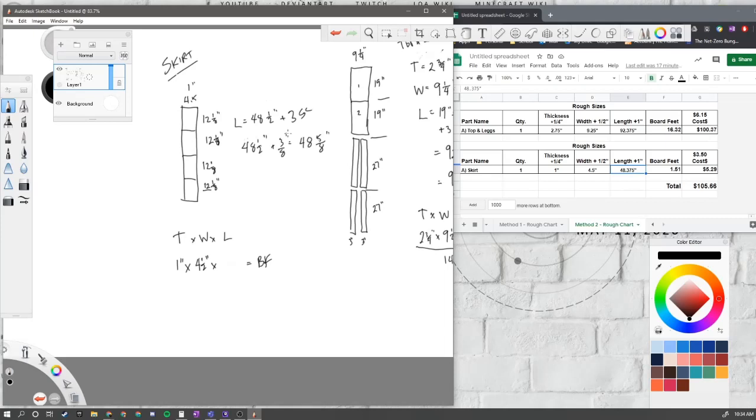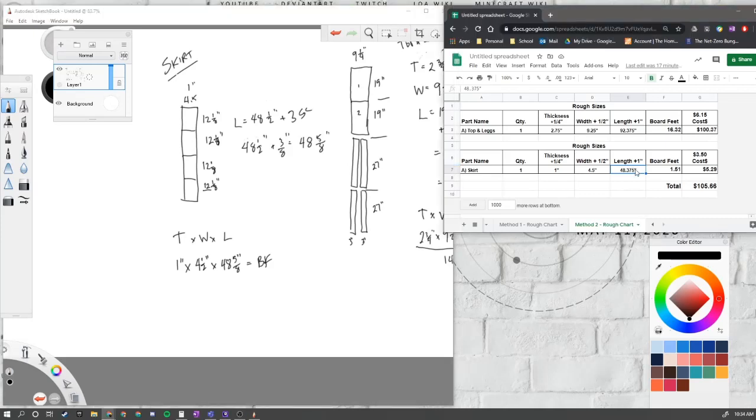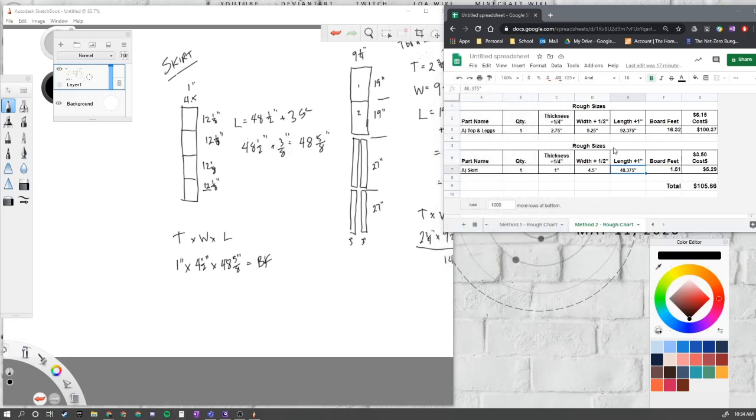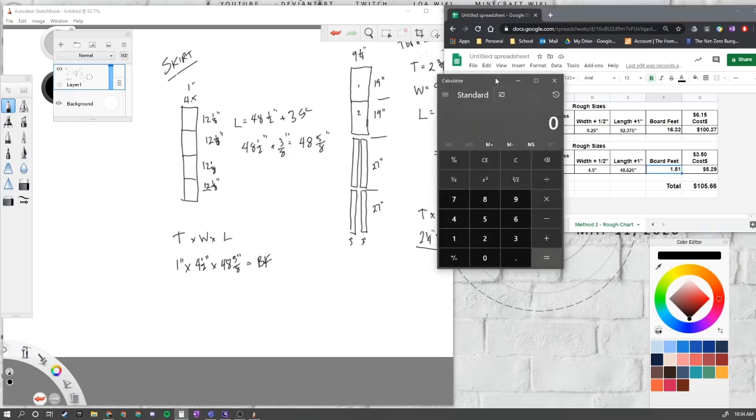Okay, that should have made this number bigger. 5/8 is .625, so that should have been .625, and that's going to slightly change that number. So let's figure that out.